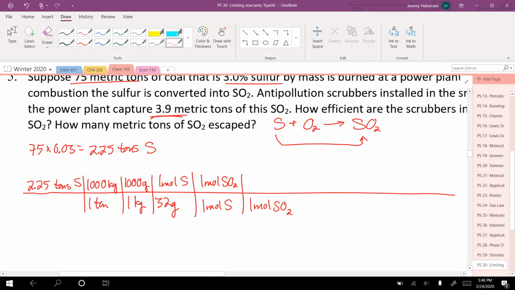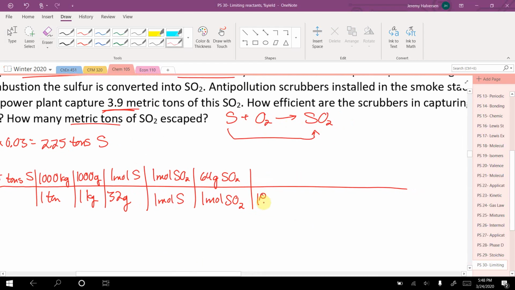Go to grams, so 32 plus 2 oxygens is another 32, so 64. Okay, and now I want to get to metric tons, right? So grams, and then I know 1,000 grams of SO2 is 1 kilogram, and 1,000 kilograms is 1 ton.